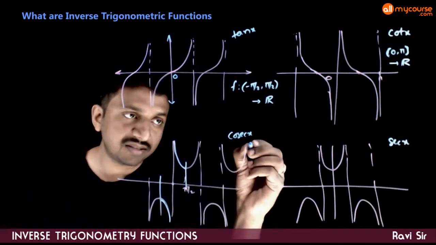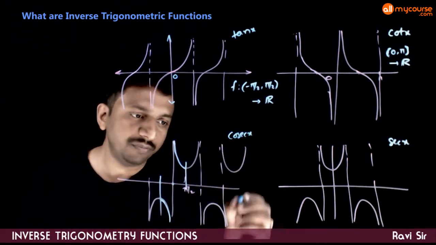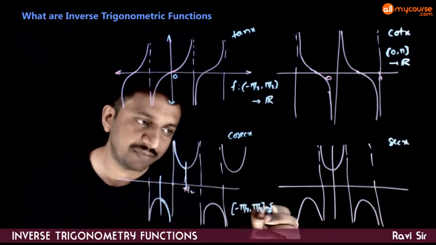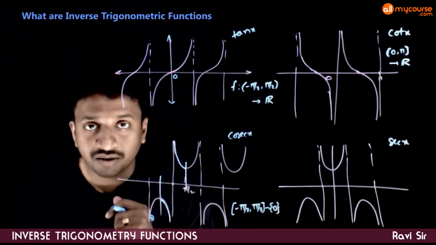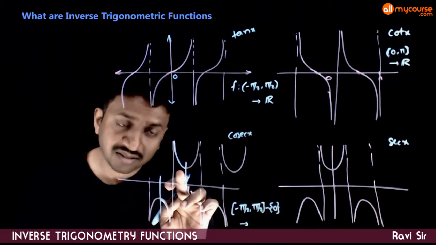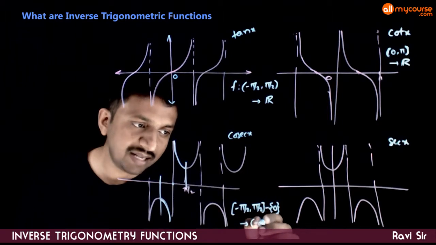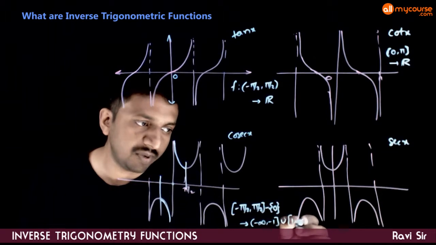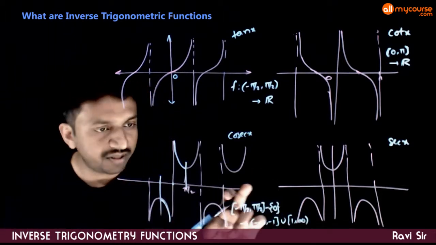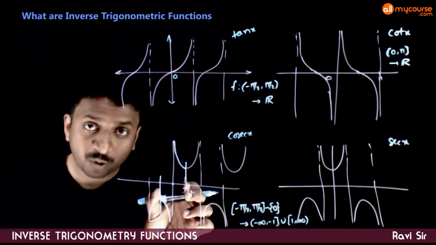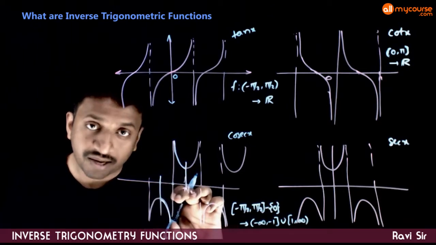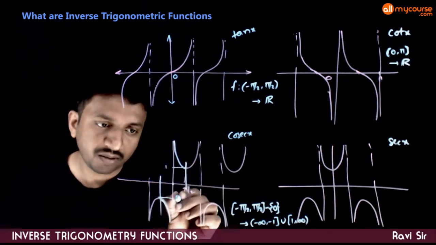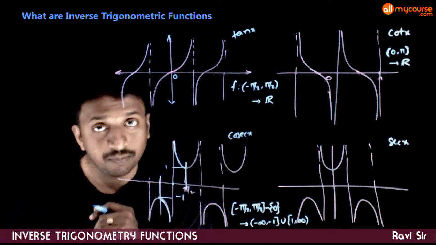So the domain is -π/2 to π/2 closed, except 0, because at 0 it is not defined, and the range is from -∞ to -1 union 1 to ∞. So within this domain, -π/2 to π/2 except 0, and codomain -∞ to -1 and 1 to ∞, the function is bijective.